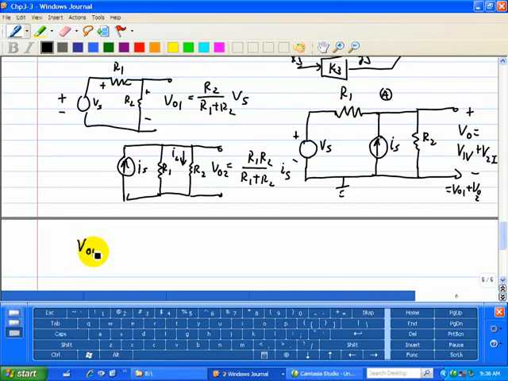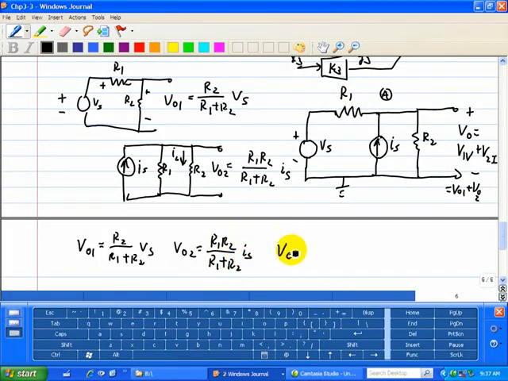VO1 is equal to R2 over R1 plus R2 times VS, and VO2 is equal to R1 R2 over R1 plus R2 times IS.